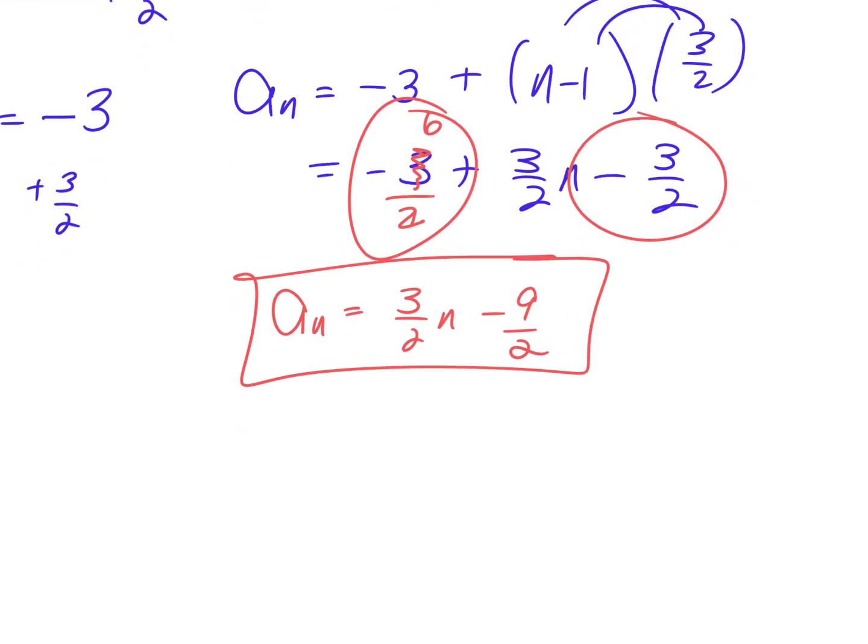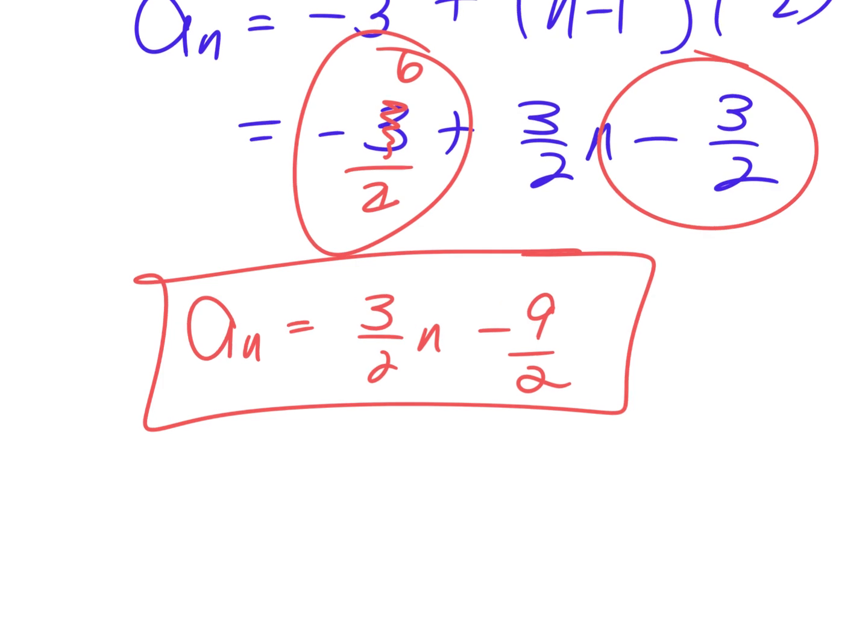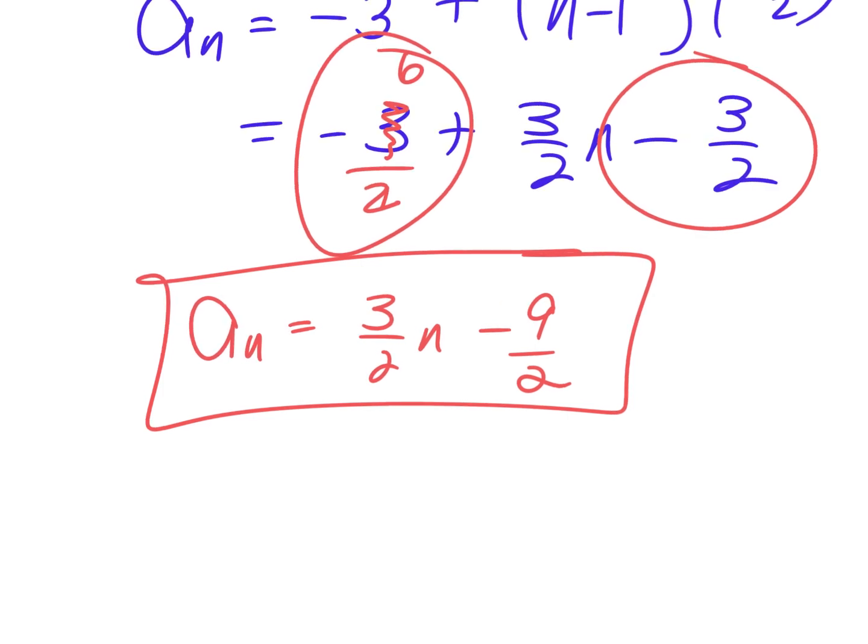And then if I want to find the 20th term, what's up? Good question. If your problem starts with fractions, you want to have your answer in fractions. If it starts in decimals, then you can have a decimal answer. So if I want to find the 20th term, I plug in 20 for n.